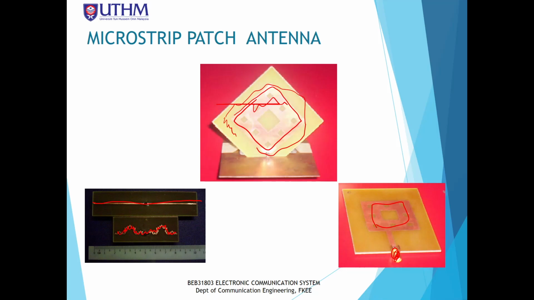Kalau kita lihat antena design ni dia pelbagai, kenapa perlu ada banyak sangat design? It depends on the frequency, the gain that we want to achieve, the bandwidth that we want to achieve, and also the application that we want to use. So dia ada pelbagai faktor yang menyebabkan design antena itu pelbagai.